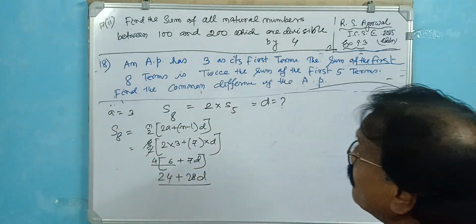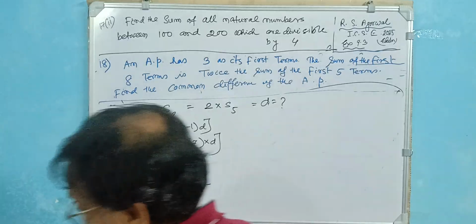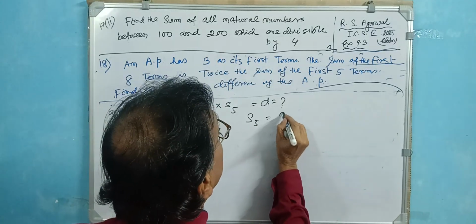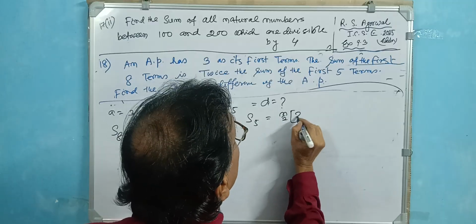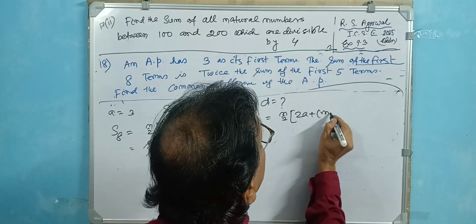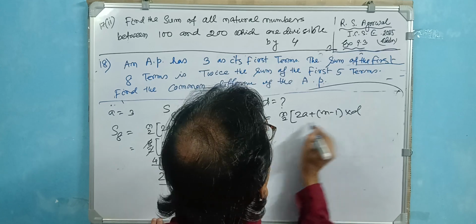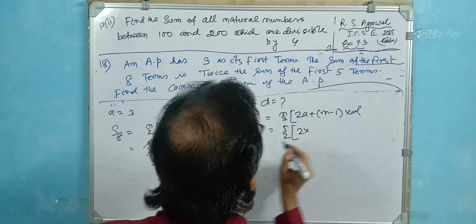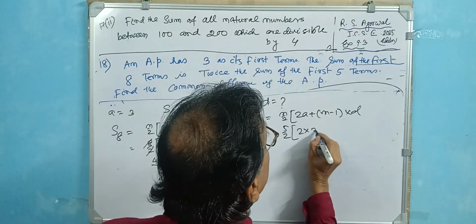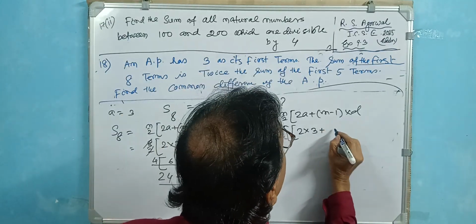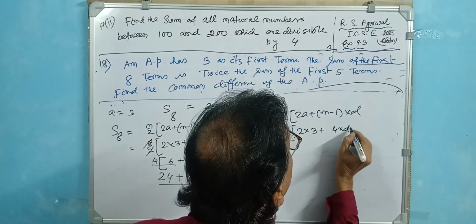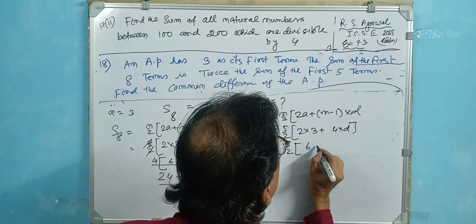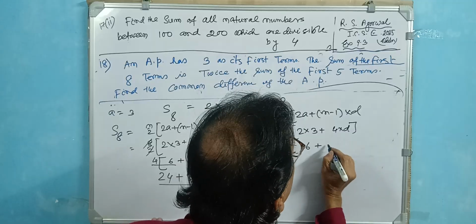Now what is the value of S5? n by 2 bracket 2A plus (n minus 1) into D. Here n is 5. 2A, what's the value of A? 3. n minus 1, 5 minus 1, 4 into D. So this is 5 by 2 bracket 3 twos are 6, plus 4D.